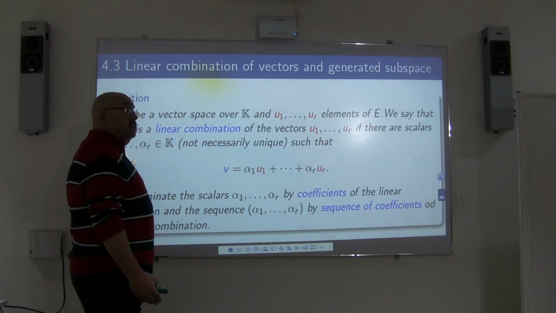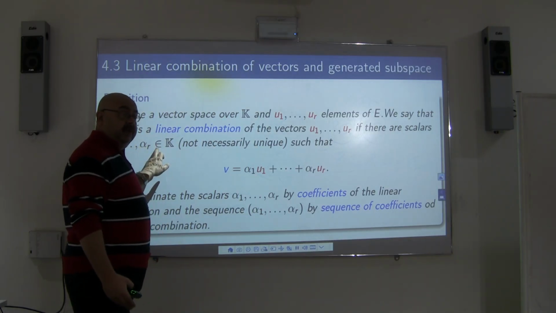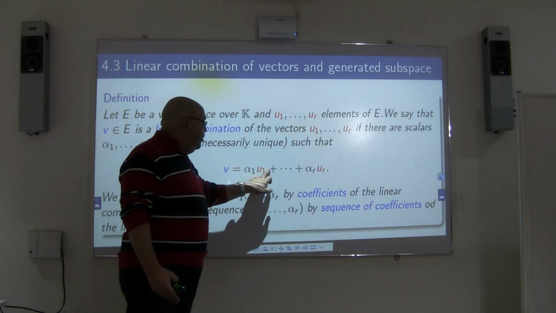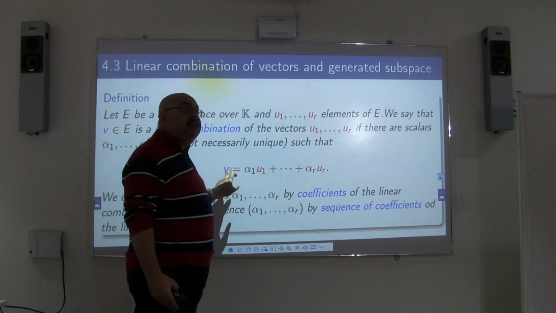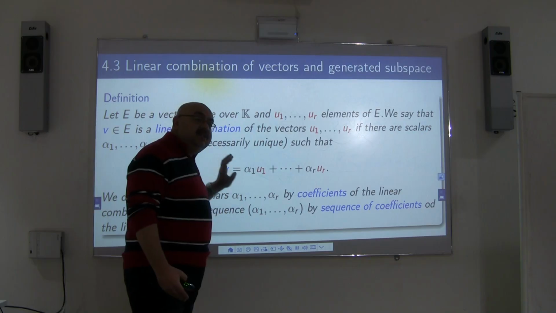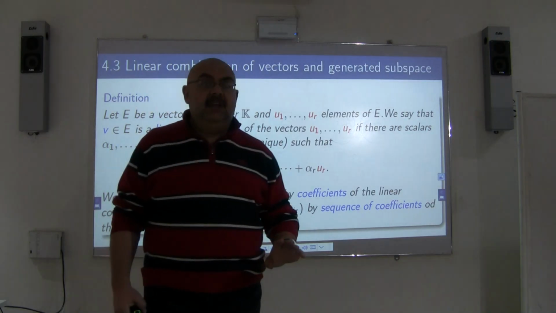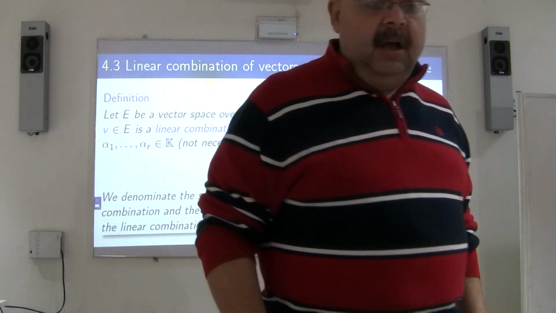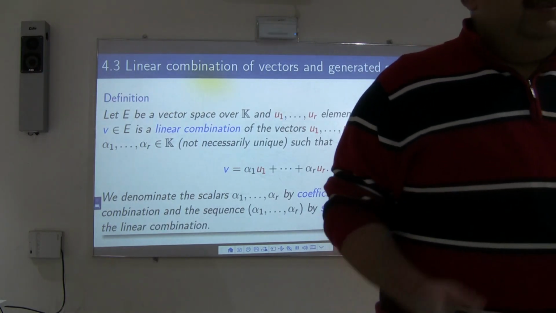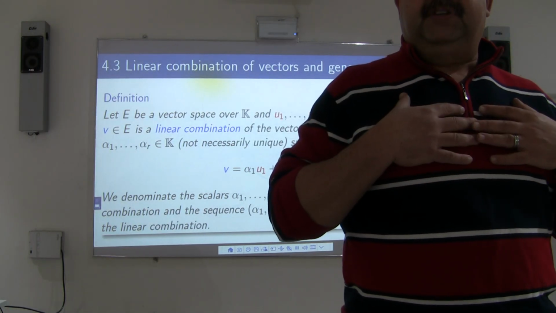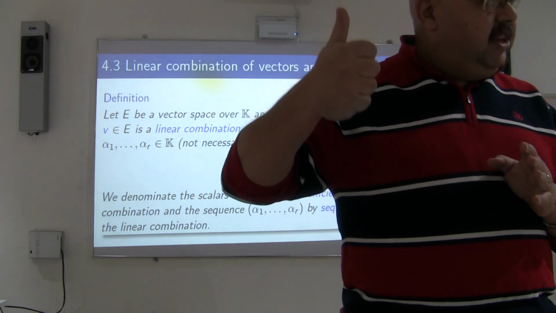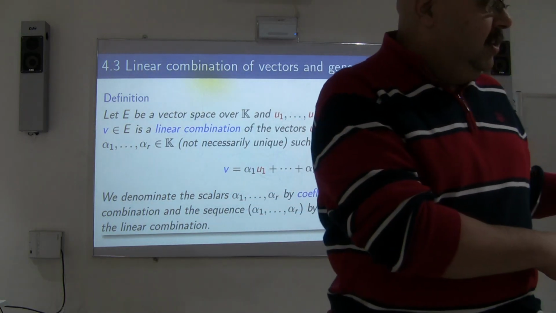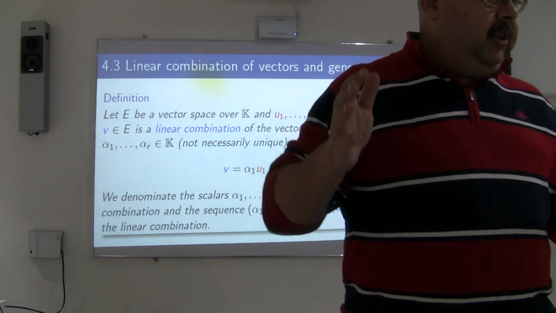If there are scalars alpha 1, alpha 2, up to alpha r, and you multiply them by this set of vectors, you will be able to get any vector in this vector space. We already know what a vector space is. A vector space is a bunch of vectors that already satisfy addition and multiplication by a scalar. We are already done with that.